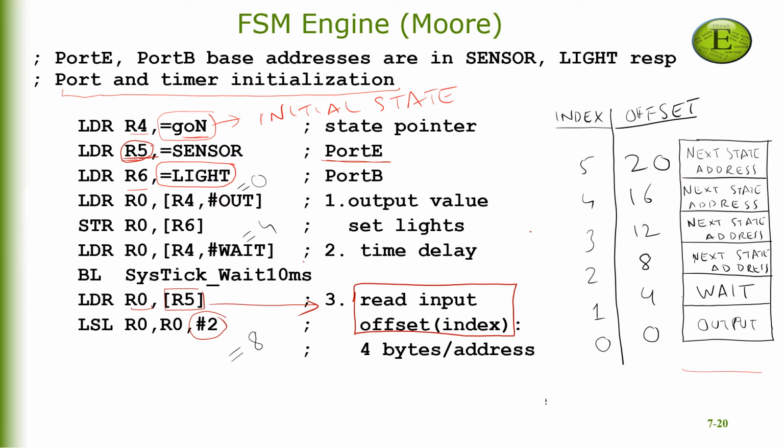So if, for example, we have 0 1, and we apply logical shift left, LSL R0, R0, hash 2, this is going to give us 0 1 0 0, which is 4.